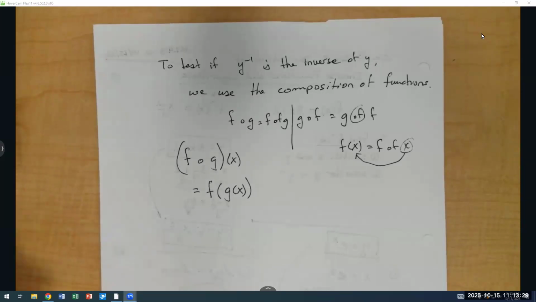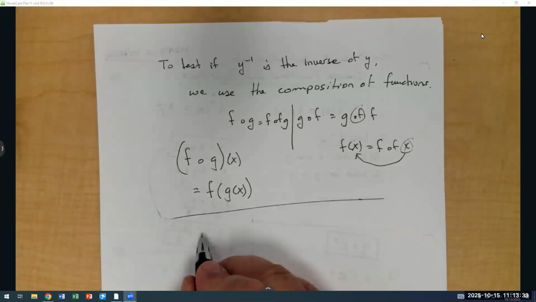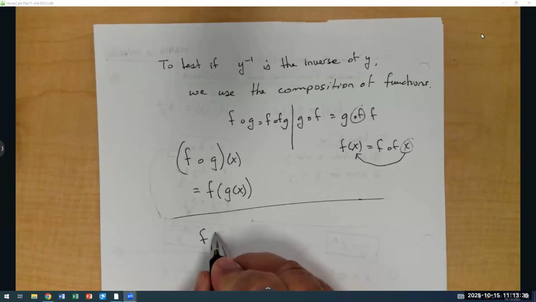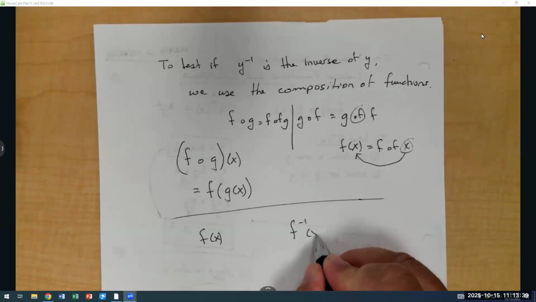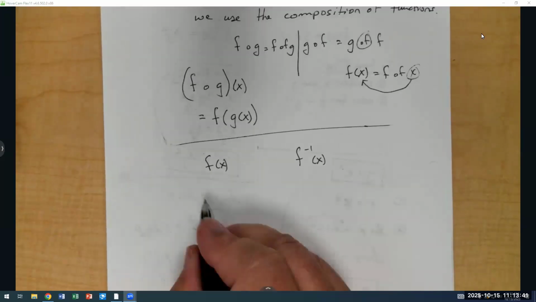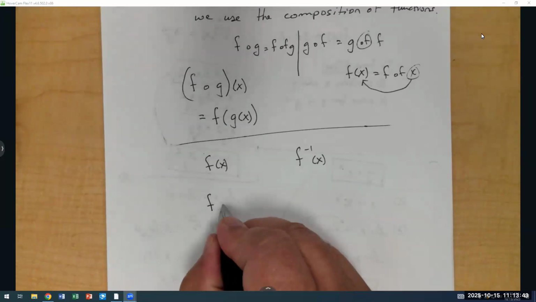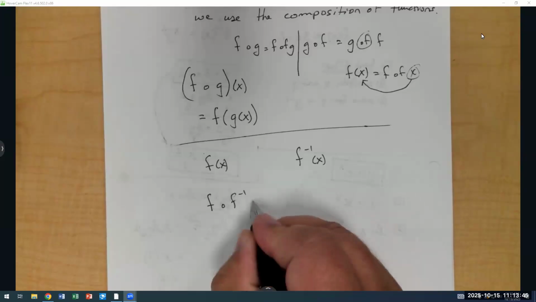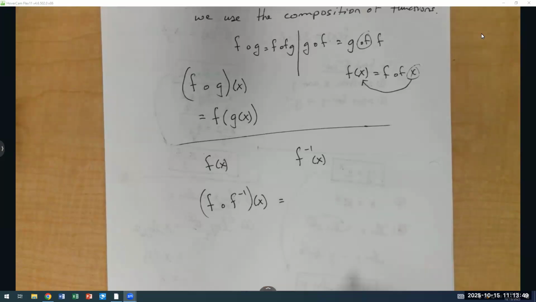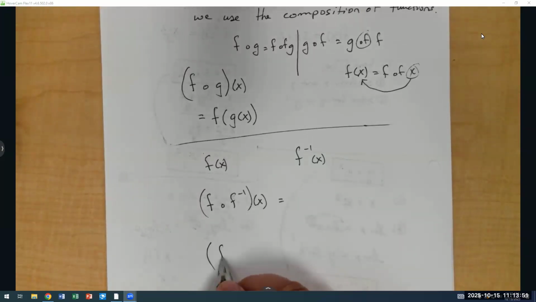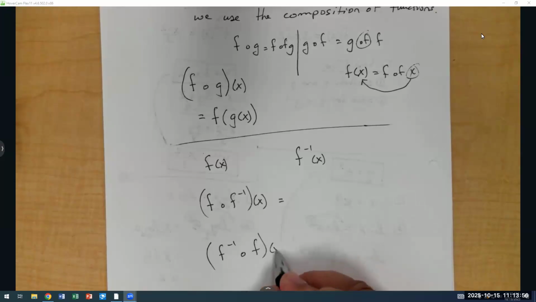Now, if two functions are inverses of each other, then it doesn't matter which way we perform the composition.